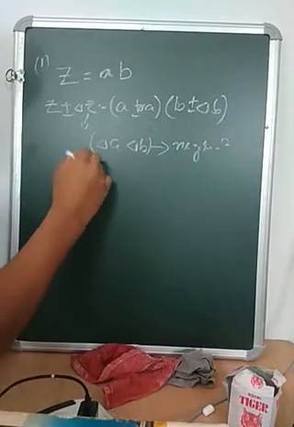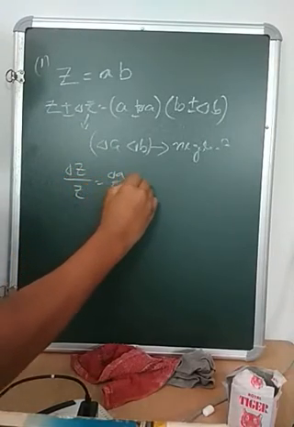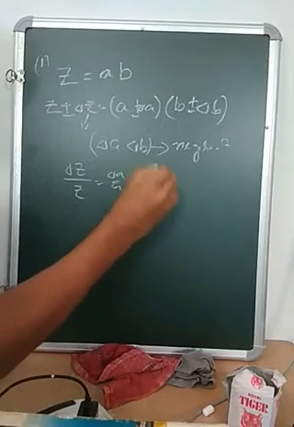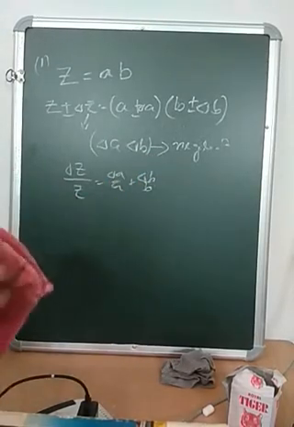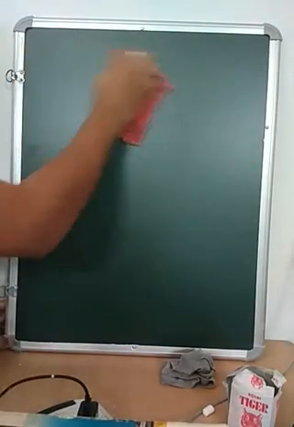Finally we get delta z by z equals delta a by a plus delta b by b. This is done in the class, you see the class, you get this.